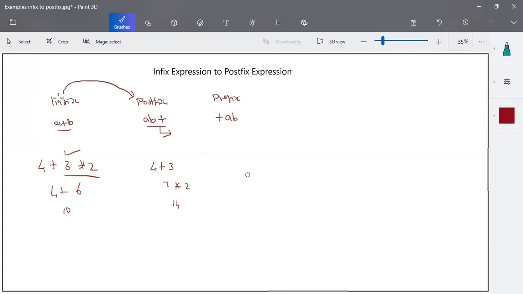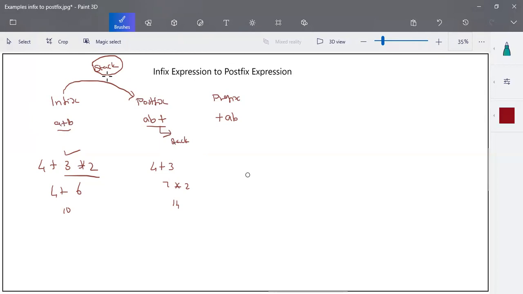Now, for converting this infix to postfix expression, we'll be using the data structure named stack. Stack is a data structure that is involved in converting an infix to postfix expression. So it is one of the applications of stack. And for evaluating this postfix expression, again, we use a stack as a data structure.